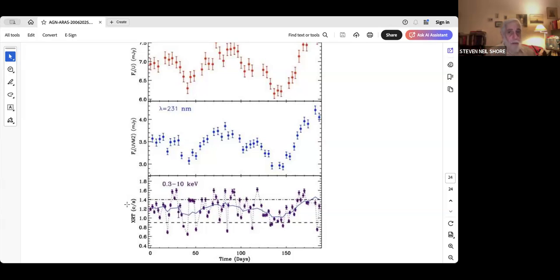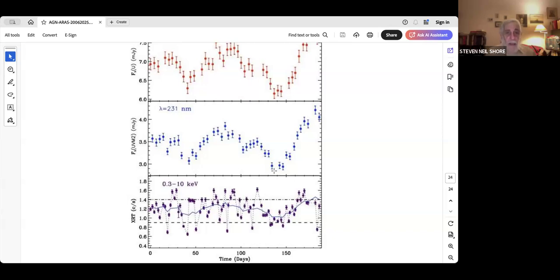It's much more difficult to work through. If you have an impulsive event, which is why supernovae are so important for light echoes, you can always go backward in time, but you can't necessarily in something like this.